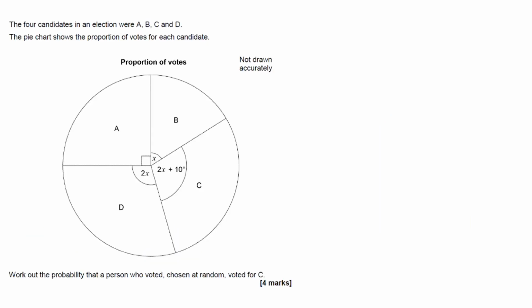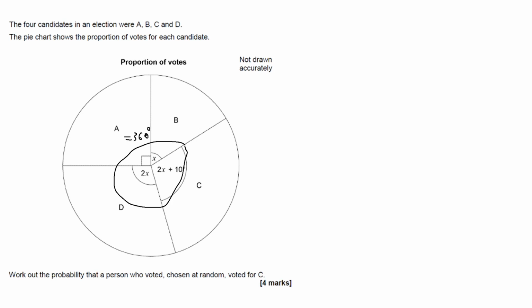Now let's look at this one. For this one, we know that 4 candidates in an election were A, B, C, and D. So this is what we have so far. Work out the probability that a person who voted, chosen at random, voted for C. So the first thing we're going to do is understand how much the pie is going to be in total. Exactly, 360 degrees.